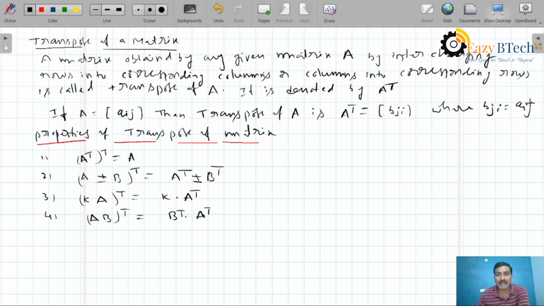The same element occupies the jth row and ith column in A transpose. This is the meaning of Bji equals Aij.